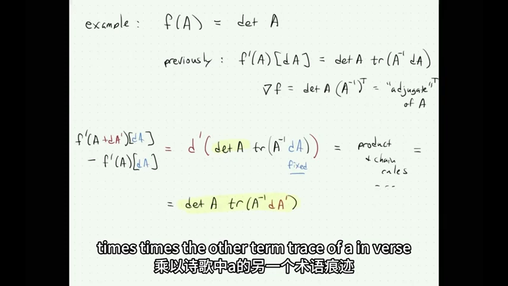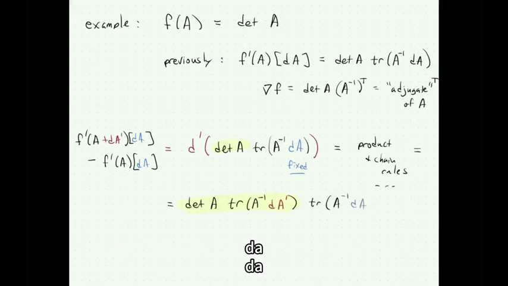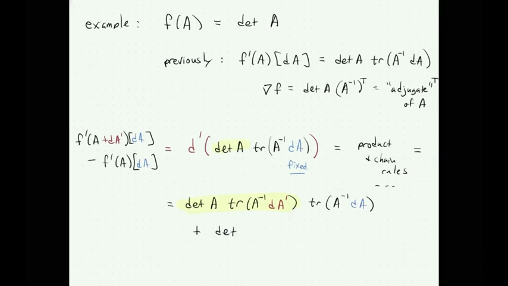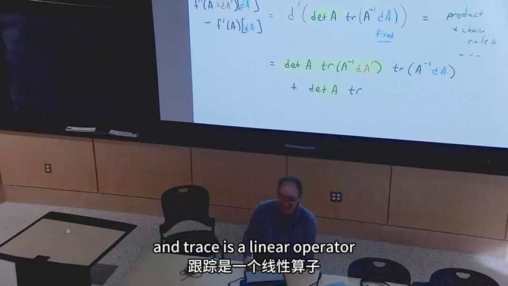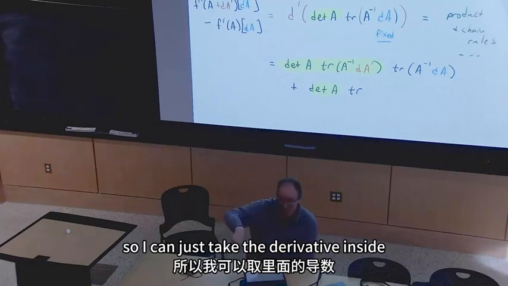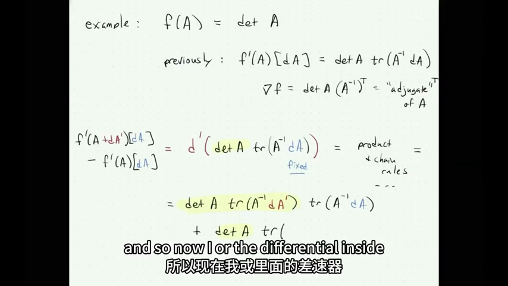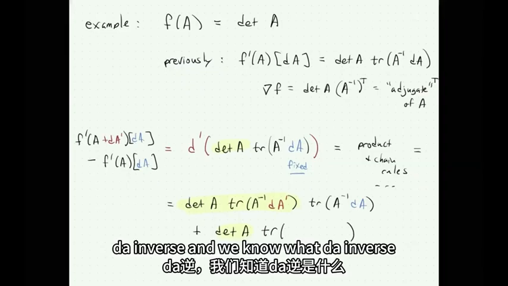Times the other term, trace of A inverse dA, plus I still have my determinant of A times the derivative of the other term, and trace is a linear operator, so I can just take the differential inside.